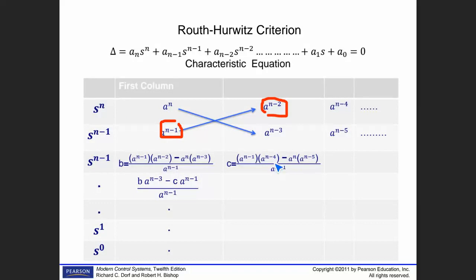For this one, however, first multiply that one with this one here, minus this one multiplied with this one here, and then divided by the original one to this one.